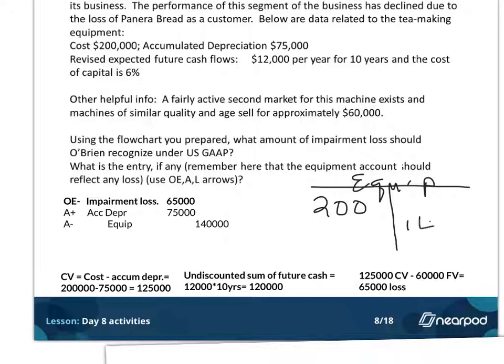Here we made a credit for 140, which is going to leave us with the 60. Okay, and that's what we want. We want it to be the fair value. All right, so that's activity 1.